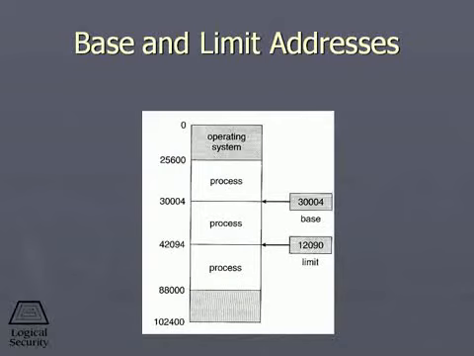So here we see an example of the base address and a limit address. The base address would be the 30004, and limit address is how much higher am I allowed to go from that base address. So this identifies the lower and upper bounds of the memory space that an application or program is allowed to utilize.